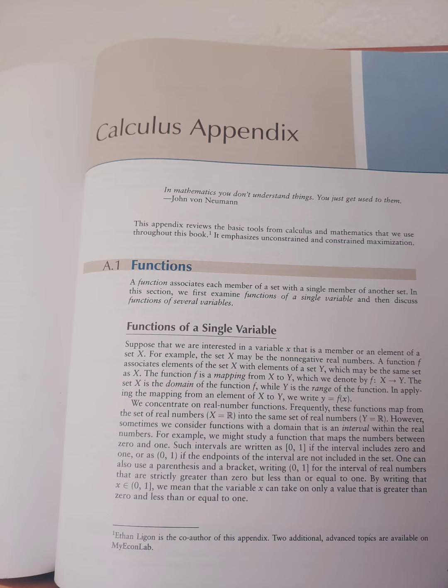Fourth bullet point, hyperbolic function, f of x equals 1 over x, which is not defined when x equals 0.